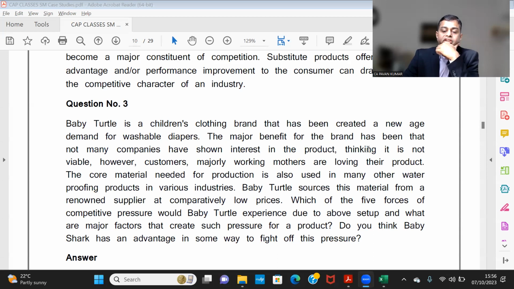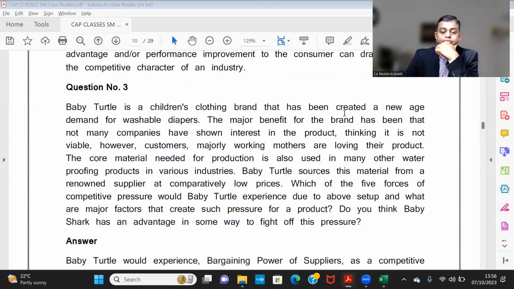Yes, sir. Baby Turtle is a children's clothing brand that has created a new-age demand for washable diapers. The major benefit for the brand has been that not many companies have shown interest in the product, thinking it is not viable. However, customers, majorly working mothers, are loving their products. The core material needed for the production is also used in many other waterproofing products in various industries.